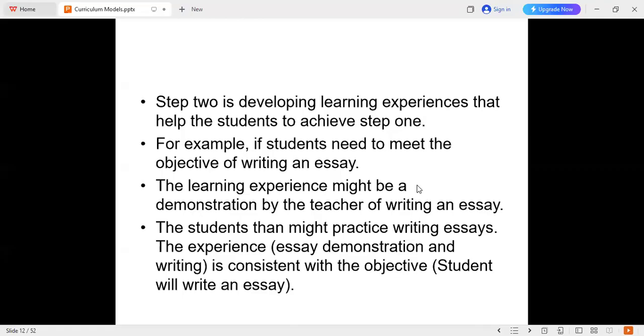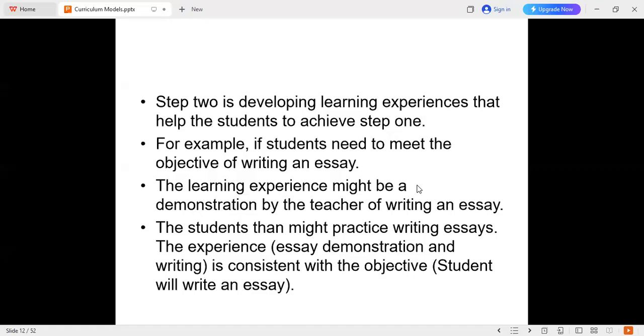For example, if students need to meet the objective of writing an essay, the objective is to improve the essay writing ability of the students. It can be an objective.